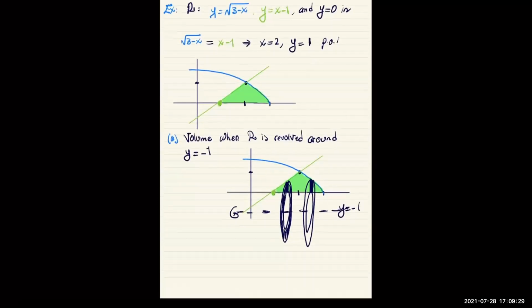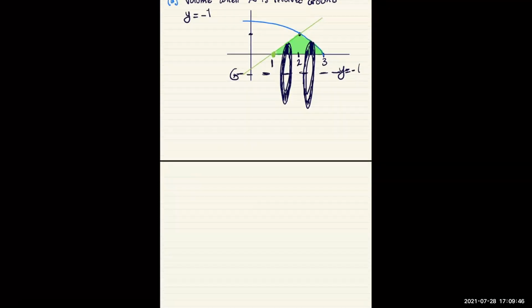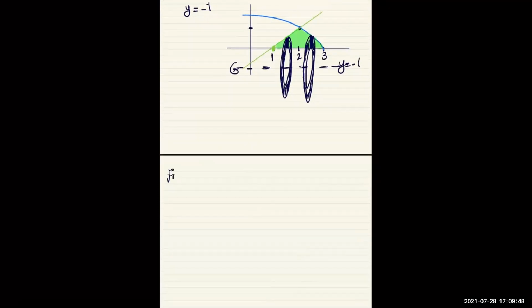Let's do it. So again, from 1 to 2 we have these washers, and then from 2 to 3 we have a different kind of washer. So let's go with from 1 to 2.